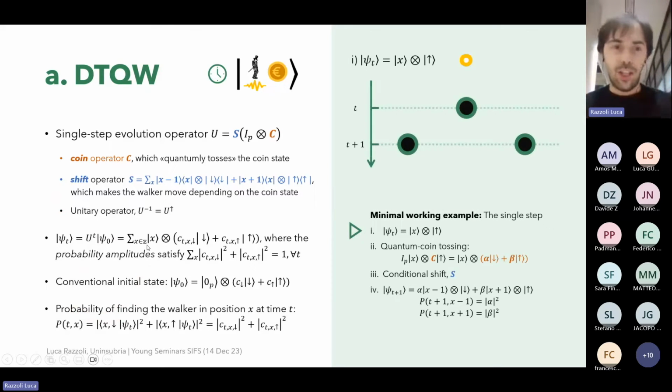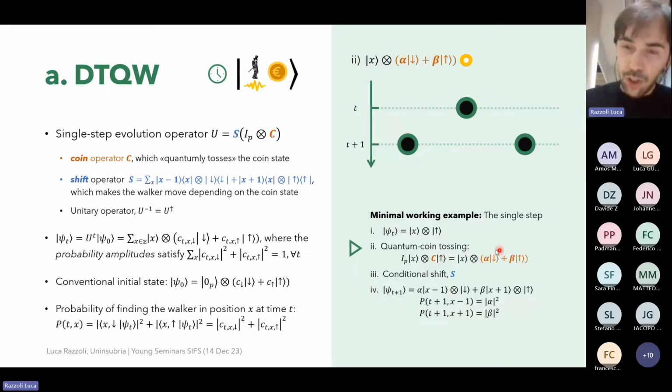Just to give an idea of how this step evolution operator works, we suppose that at a given time t, the state is with the particle localized in position space with the spin up. Then we apply the coin operator to the coin state. So we are quantumly tossing the coin state in order to obtain a superposition of spin down and spin up.